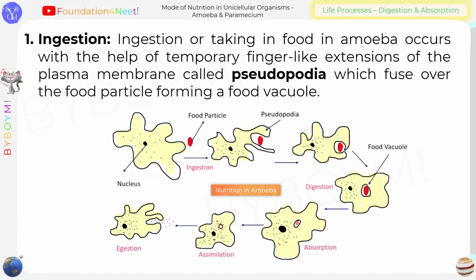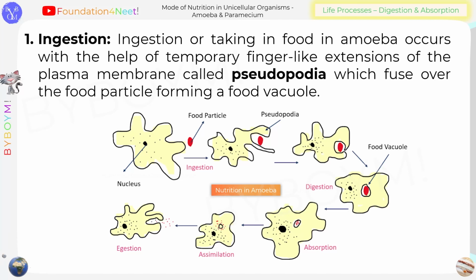Amoeba does not have a fixed cell shape. It has temporary finger-like extensions, which you can see on the screen, and these are extensions of plasma membrane. These are known as pseudopodia and they fuse over the food particle, forming a food vacuole. The amoeba engulfs a food particle with the help of pseudopodia.